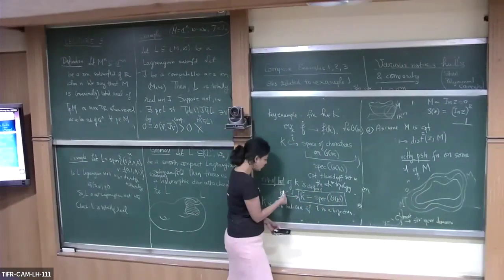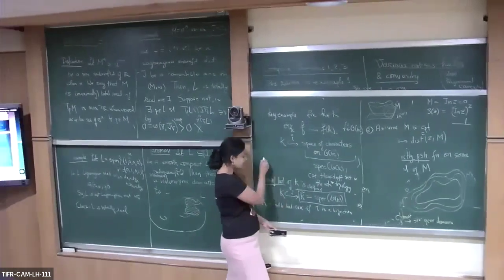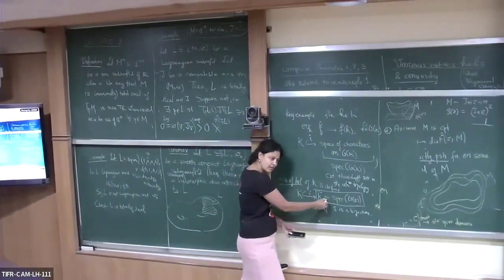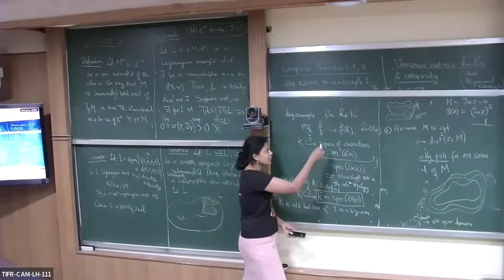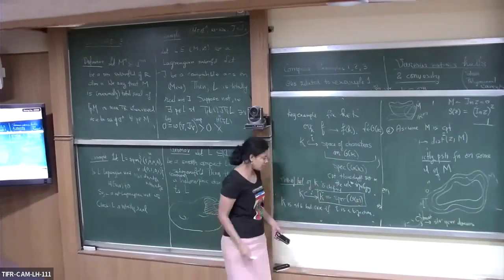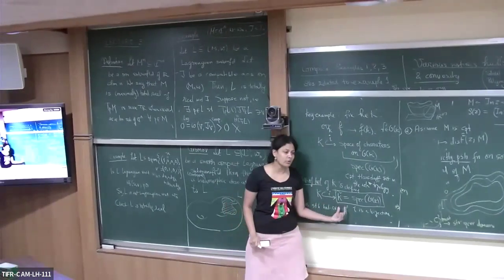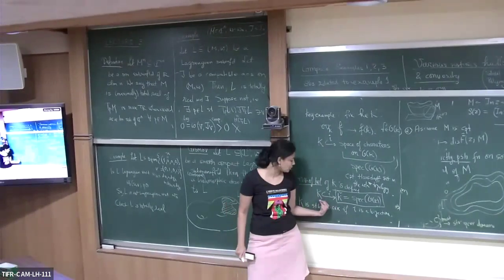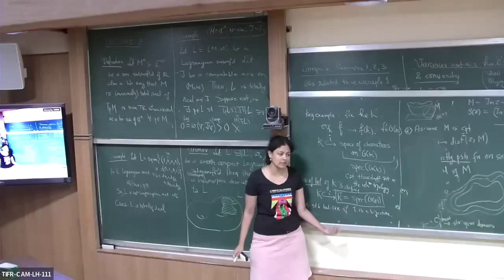Capital K is some set in Cn, and this is some abstract space. But the way I think of capital K and K tilde is I take a point here and I look at the evaluation map. If there are no more characters than just those, then I say that the set is holomorphically convex.